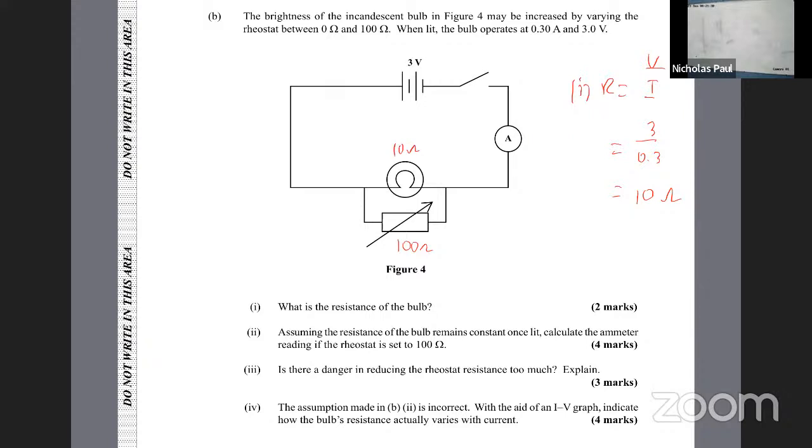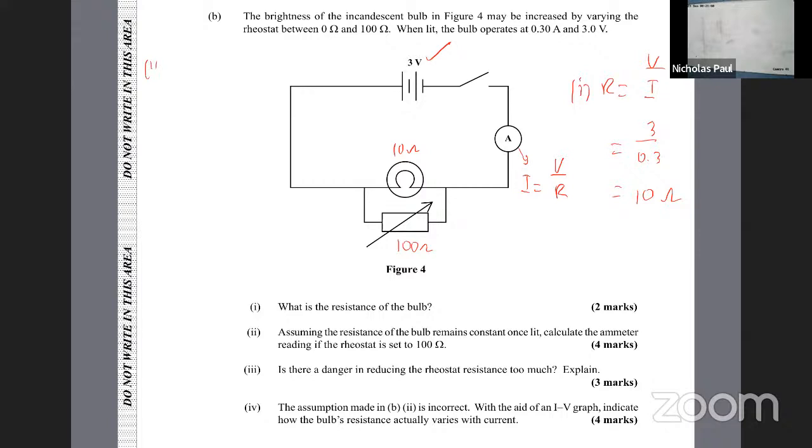How are they connected? Connected in parallel, right? So first to work out current, current is voltage over resistance. We know the voltage, but we do not know the resistance, because we have two in parallel here. So we have to work it out.